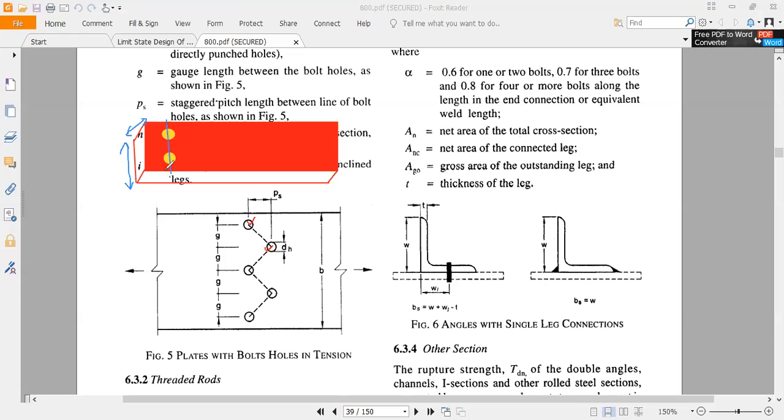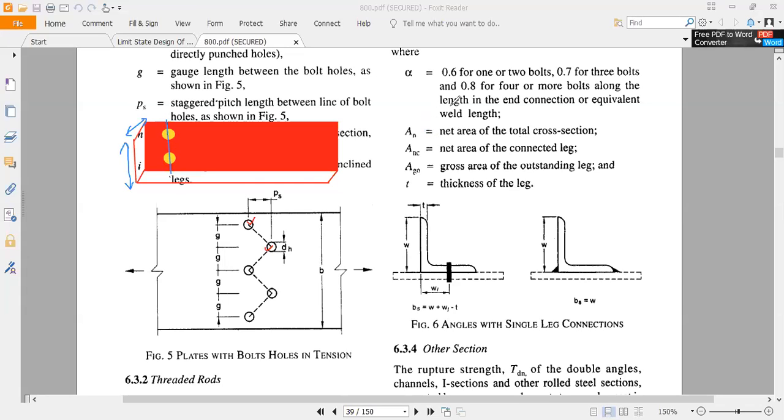Cut it into both parts. Then along this line, you just cut it into two pieces, and you see the face. What you will see, that face area should be the net area. Now, if you see that, then it will be like this.